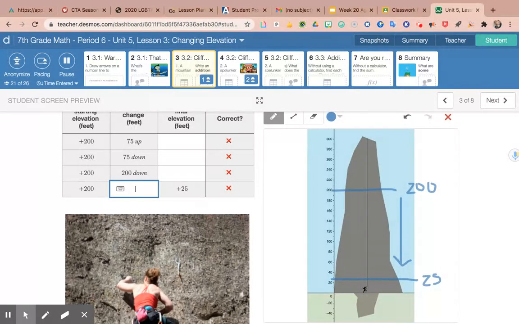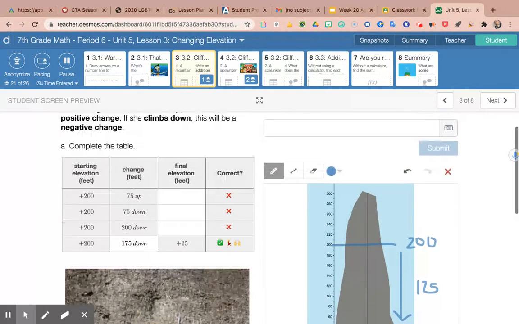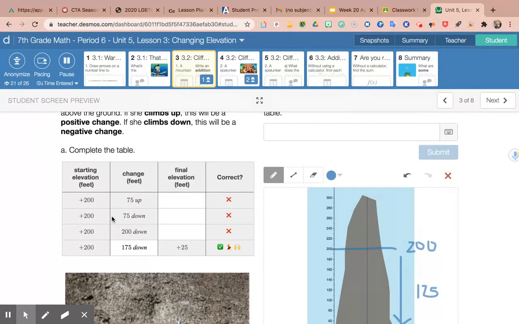How far down would I have to go? So you'll have a number and then down. So 200, I'd have to go down 175 feet. So I'm going to put 175 down. All right, so these are pretty much just adding and taking away.